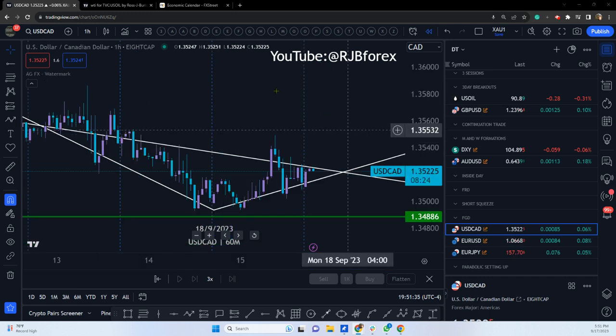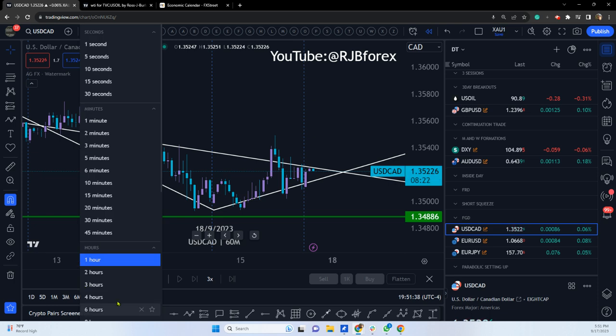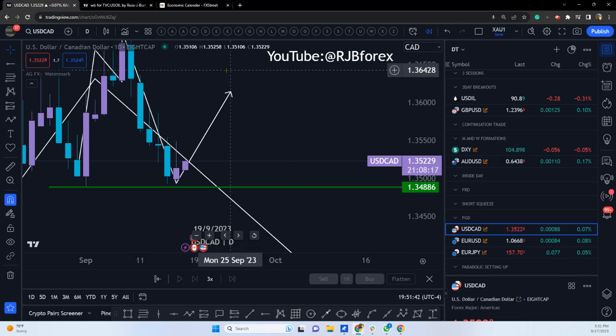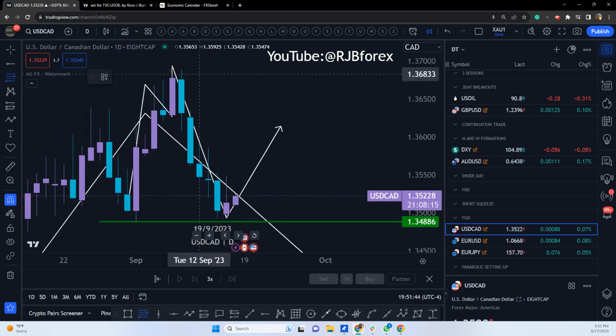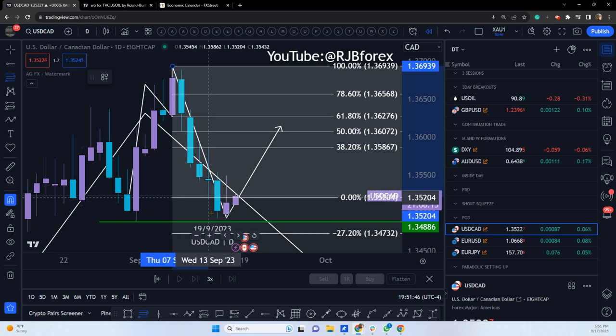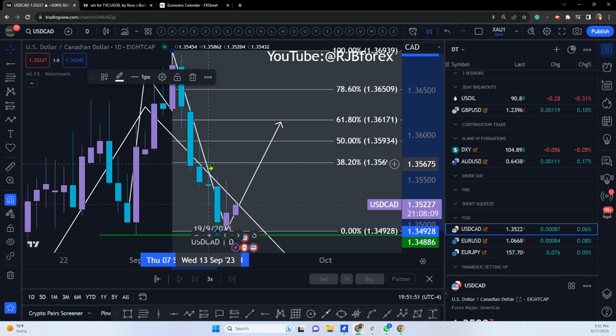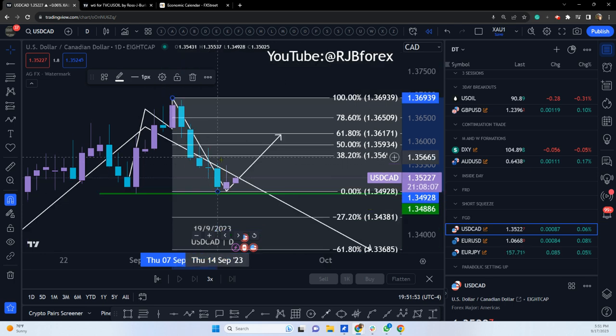Let's look at that daily chart for a second. Yeah, okay, so we can pull a Fibonacci on that. 135.70. That's the 38.2 target.